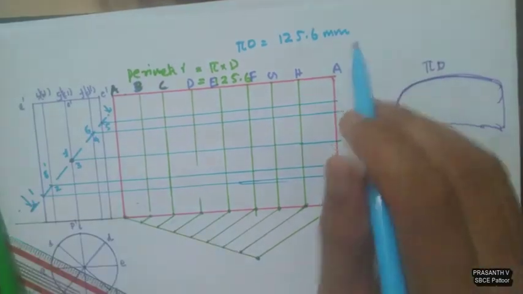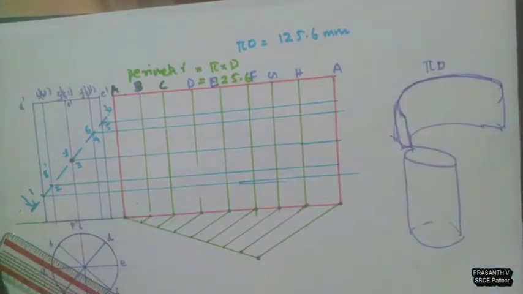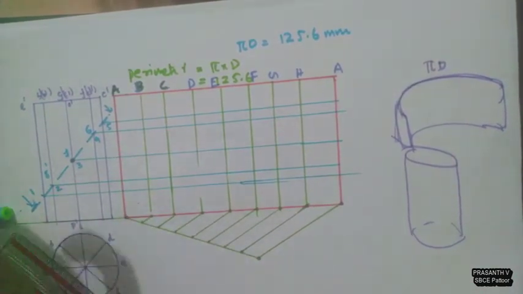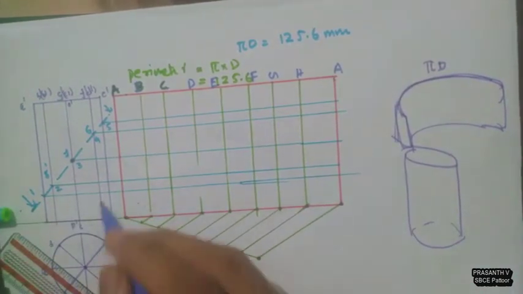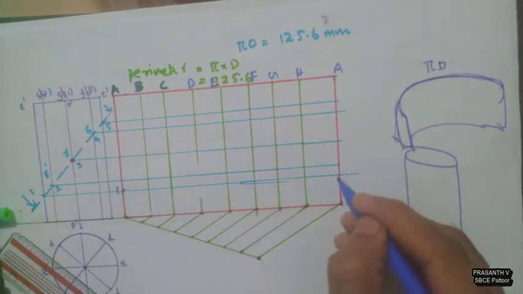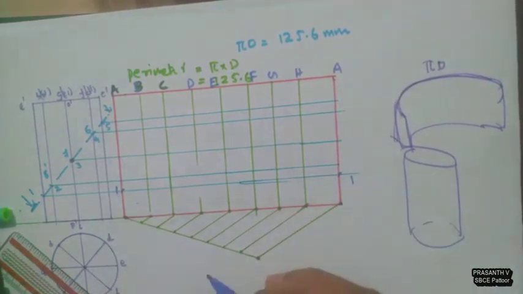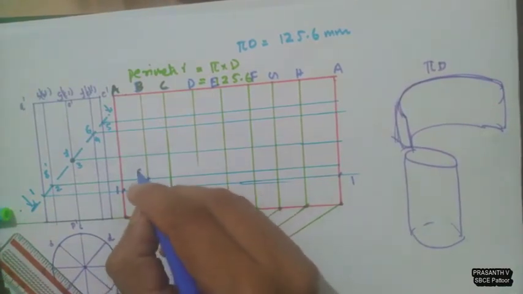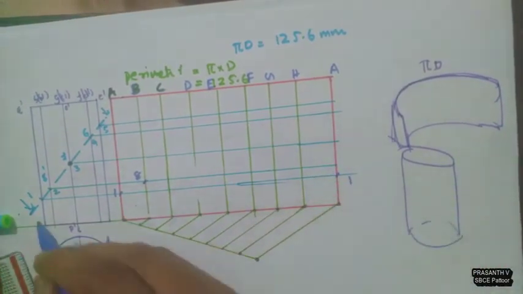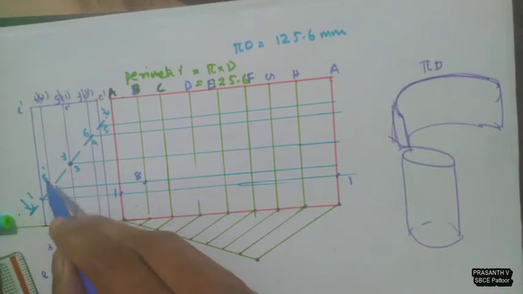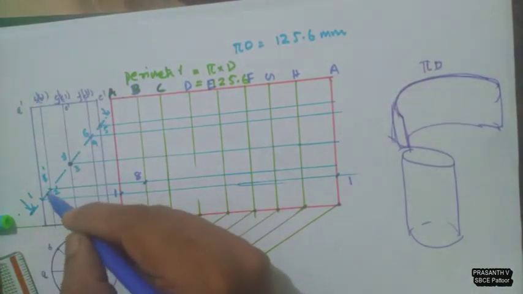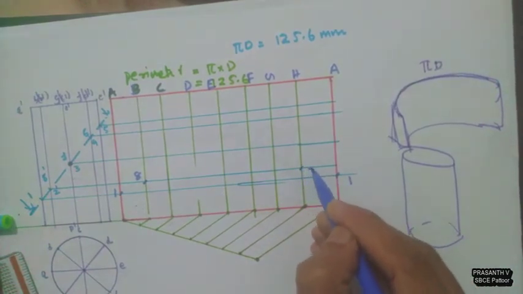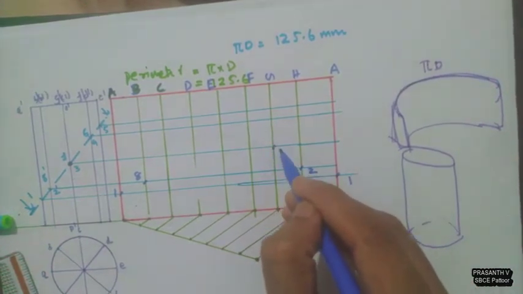Now we just mark the intersecting points. See, this will be your 1. This is 1, so here 2 ones are there, and this will be your 8. Here you can see point 2 dash is on generator line H, and 8 is on B. So from 1, 2 will be here, and this will be 3.